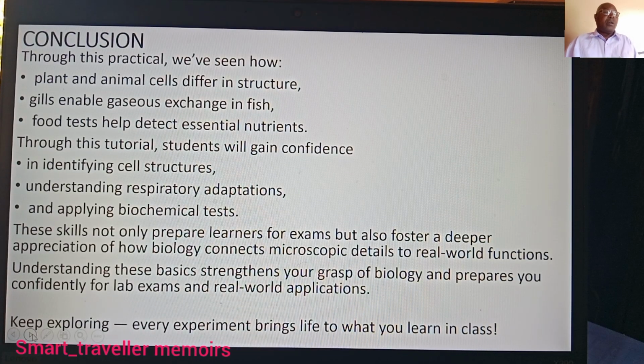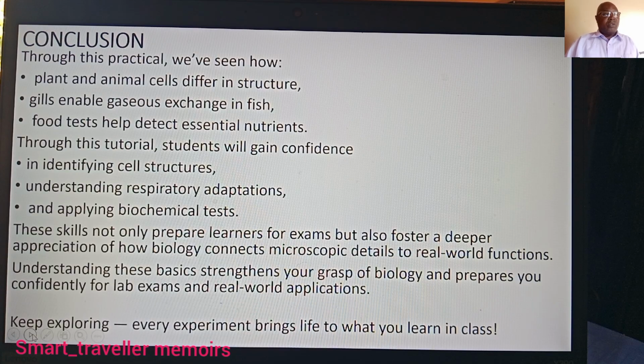May I now conclude this tutorial, or you can call it a lesson. Through this practical, we have seen how plant and animal cells differ in structure, how gills enable gaseous exchange in fish, and how food tests help detect essential nutrients.